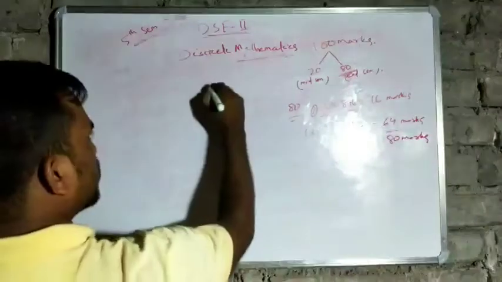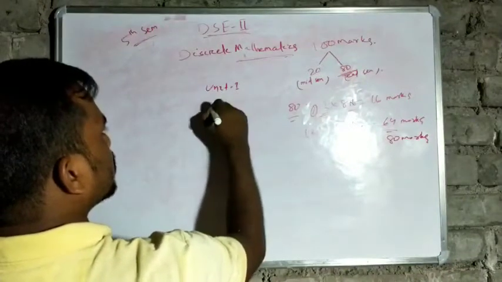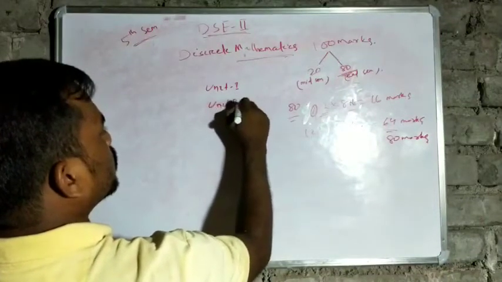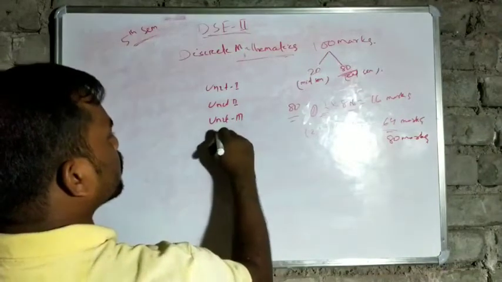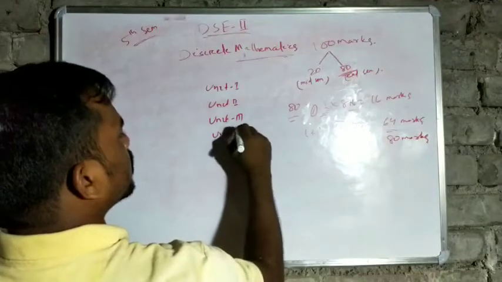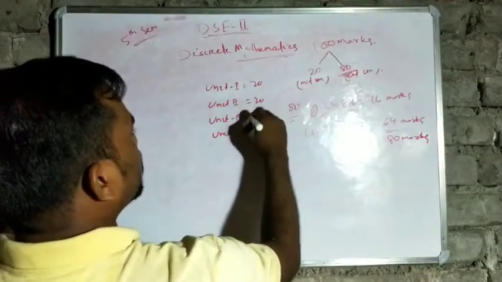And you have 4 units: unit 1, unit 2, unit 3 and unit 4. Each one carries 20 marks.